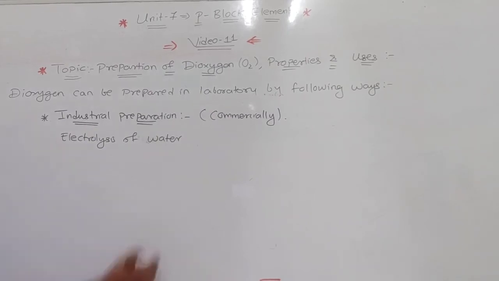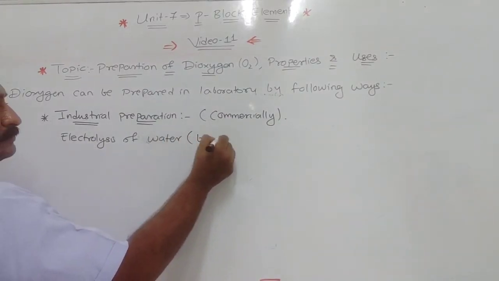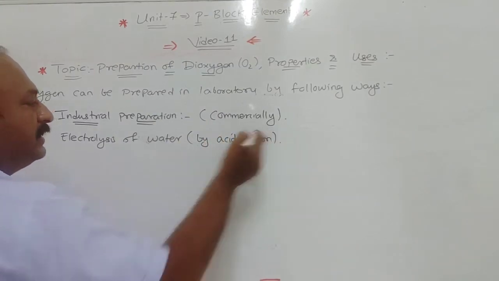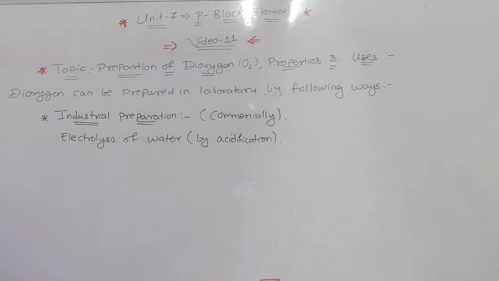When water is acidified, meaning you add acid so that it dissociates into ions, and it is electrolyzed, O2 is obtained at the anode.